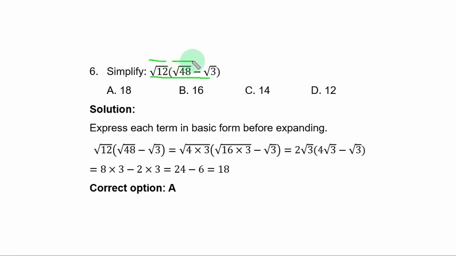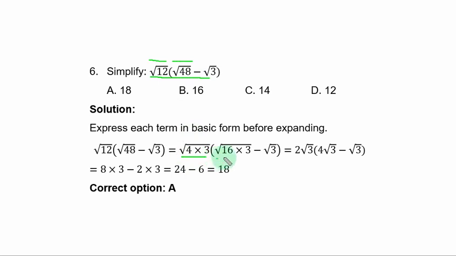What you do here is that you express 12 and 48 by bringing out the perfect square in them. Factor of 12 and 48, that is a perfect square. So 12 becomes 4 times 3.